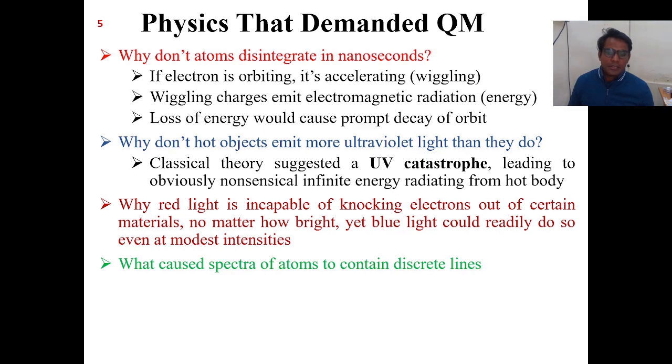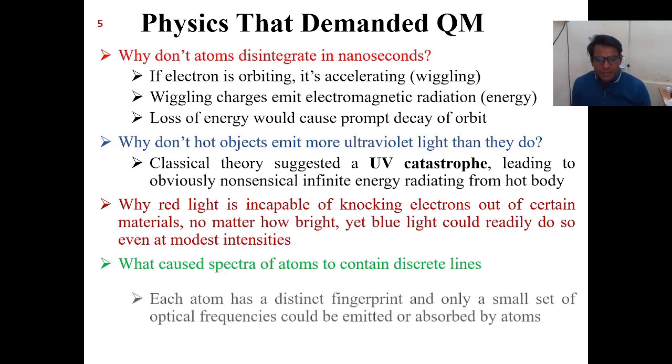The next one is what caused the spectra of an atom to be certain discrete lines? When the science community observed the radiation emitted from an atom, they found that the spectrum was not continuous, as we all observe, while every atom releases only certain frequencies.